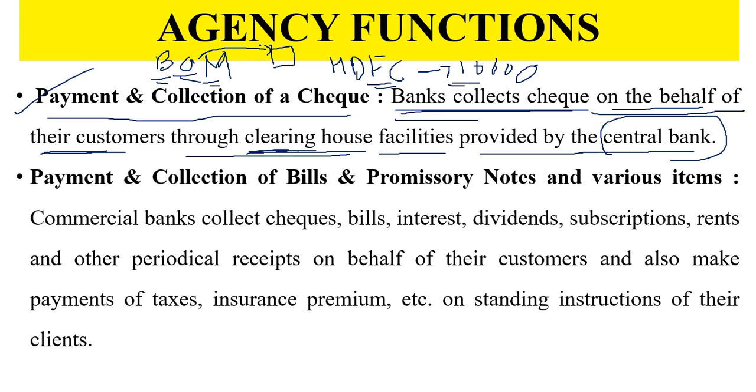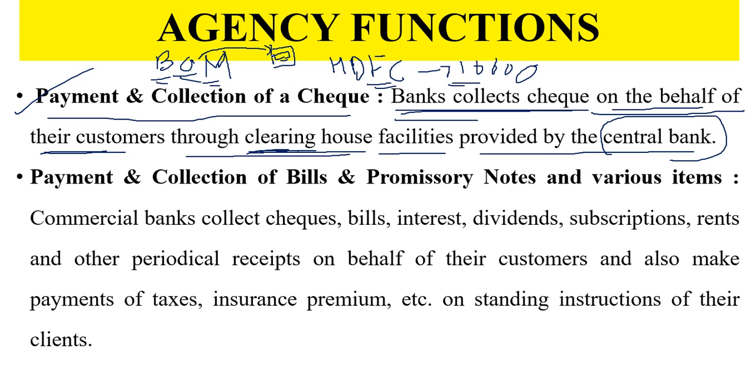Bank of Maharashtra will take the check to the clearing house facility, and there, not all the employees of the banks, but some who are dealing with the clearing of checks, will be in the clearing house facility.